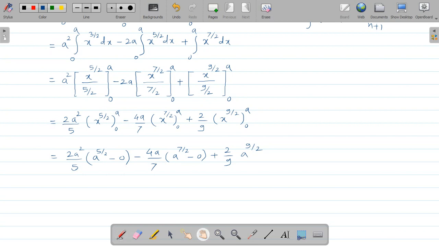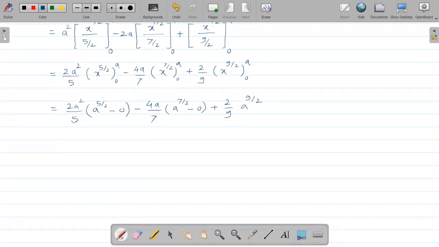Now further, if you want to simplify this, see here, this is 2 upon 5. Now this is a² and this is a^(5/2). Here it is 0. So a² into a^(5/2) is a^(9/2). Okay. Minus, here 4/7 is totally constant, and here it is a into a^(7/2). Again it is a^(9/2). Check this. Plus this is 2 upon 9 into a^(9/2).